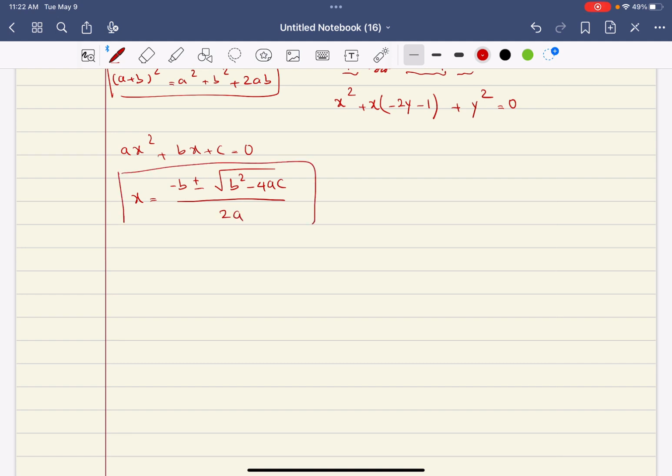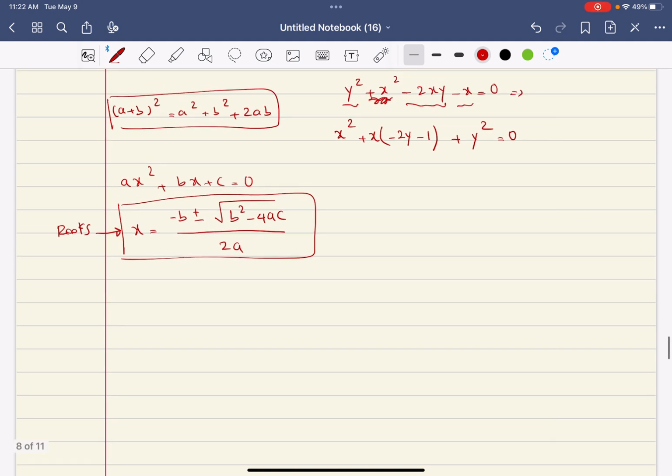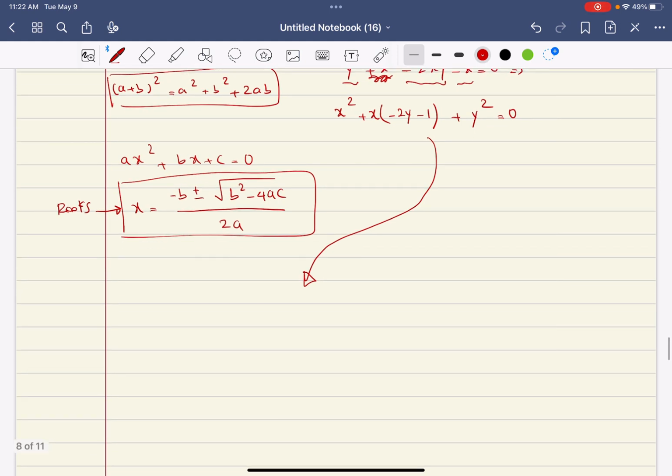This is how we find the roots of x, right? I'm going to do the same thing in here. So the b is negative 2y minus 1. The a is 1, right? This is a, this is b, and this is going to be c.